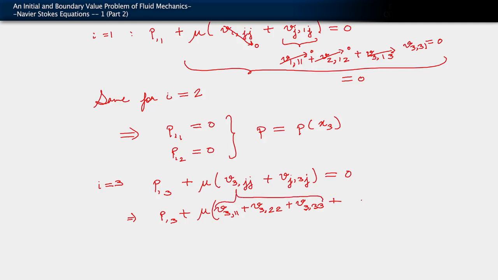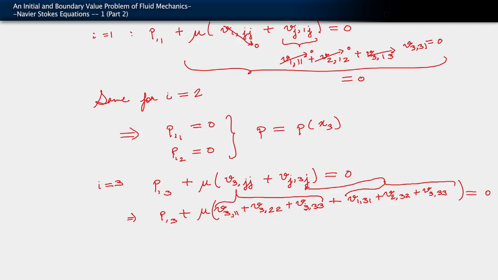And the second term is v1 comma 3 1 plus v2 comma 3 2 plus v3 comma 3 3, and these terms arise from there. Close parentheses, equal to 0.